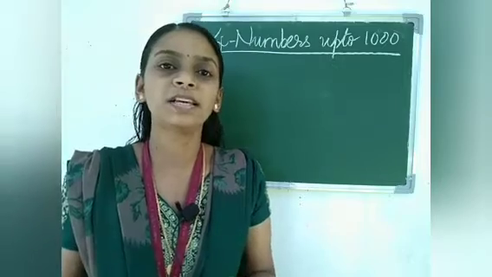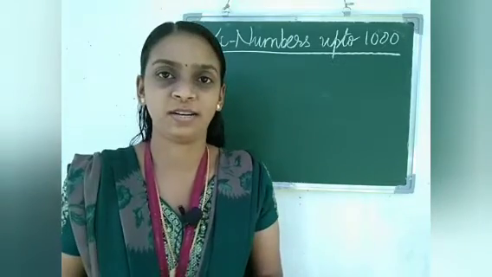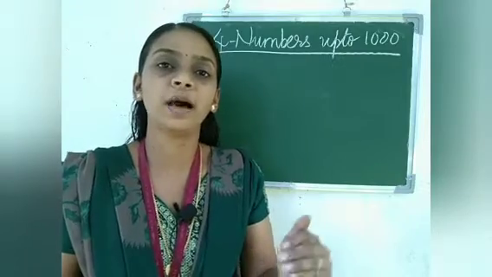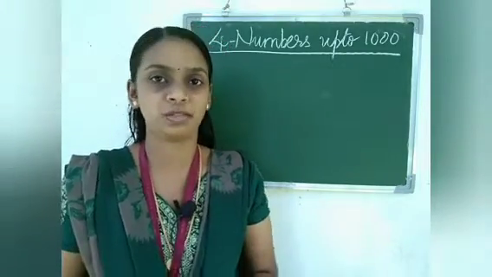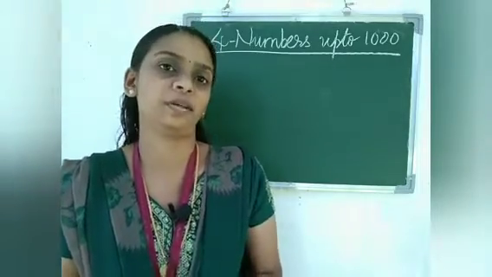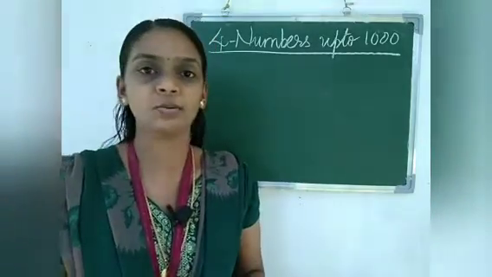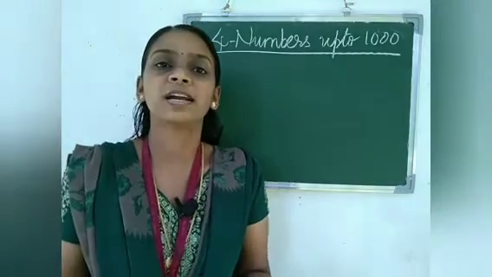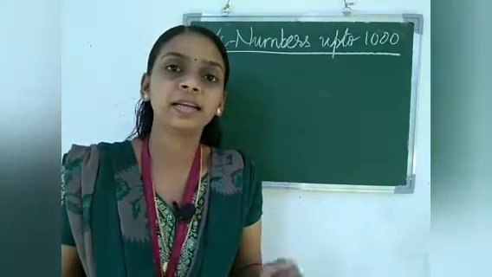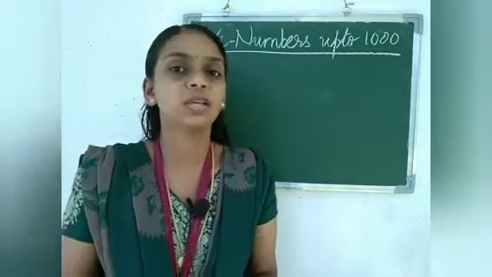All those things we have to study in this lesson also. The only difference is we have to study the numbers from 200 to 1000. So first we are studying building numbers from 200 to 1000.